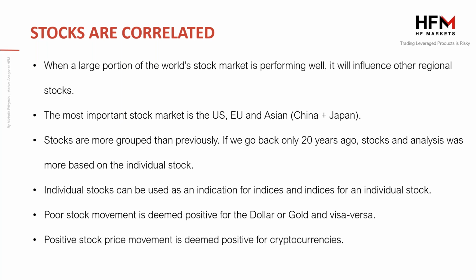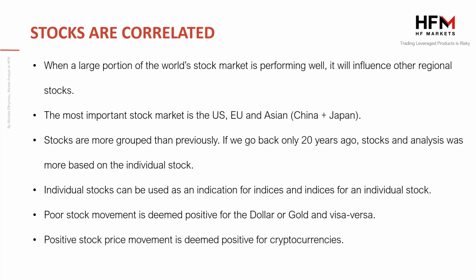So let's look at stocks and how stocks are correlated. Let's go through these bullet points, but what I want people to be aware of is that stocks are correlated. What does correlated mean? It means they are linked. People look at a stock because they're trading it as an individual asset.